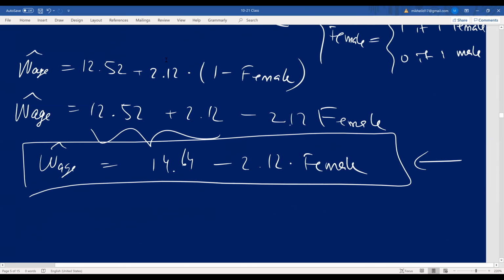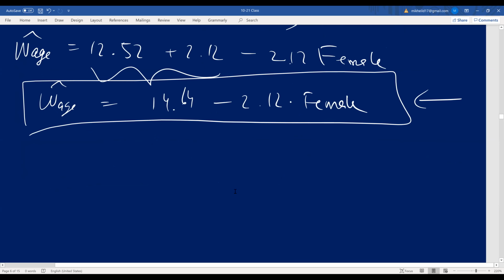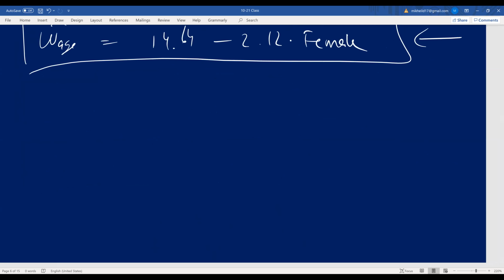That's different from the other regression. And beta 1 hat is minus 2.12. And you can do all kinds of hypothesis tests based on the test statistic, confidence interval, or p-value. You can do all of those. Now let me do the next problem. Maybe we can stop here.